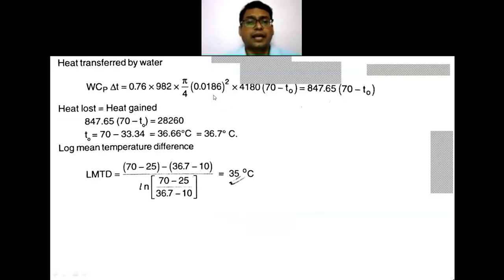From there I can calculate the heat gained and the heat lost. From here I can calculate the m Cp delta T for the water, which is equal to the m Cp delta T for the oil. So the outlet temperature is calculated as 36.7 degrees Celsius. From there I can calculate the LMTD, the log mean temperature difference.